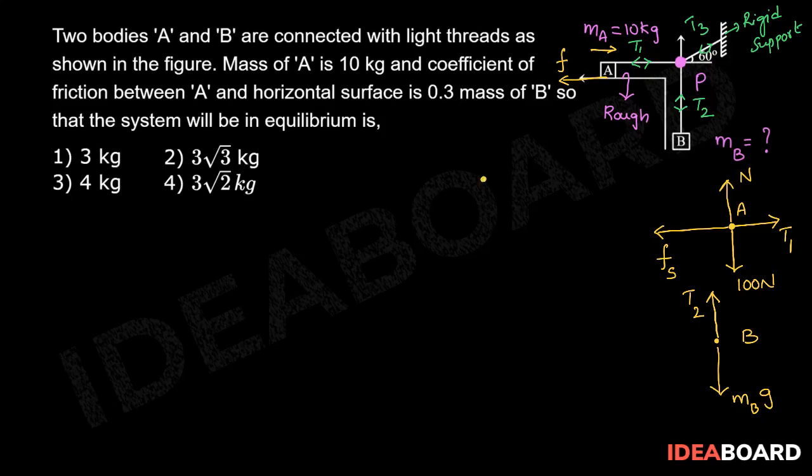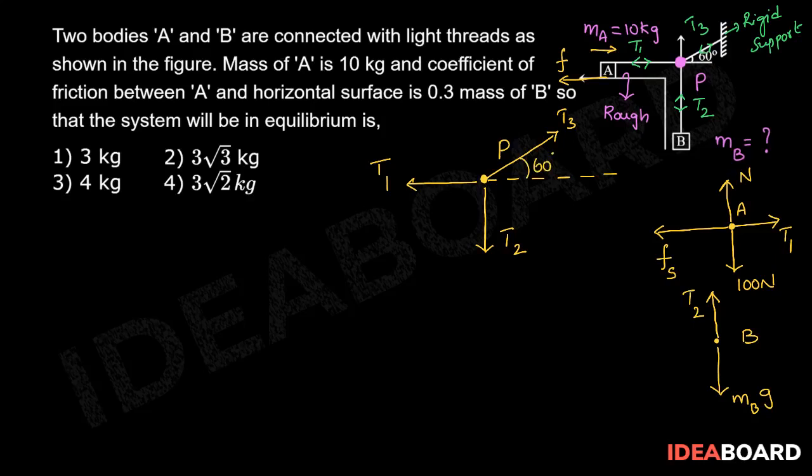Now if we draw the free body diagram on point P, tension T1 acts horizontally towards left, tension T2 acts vertically downwards, and tension T3 acts in such a direction that it subtends 60 degrees with the horizontal.